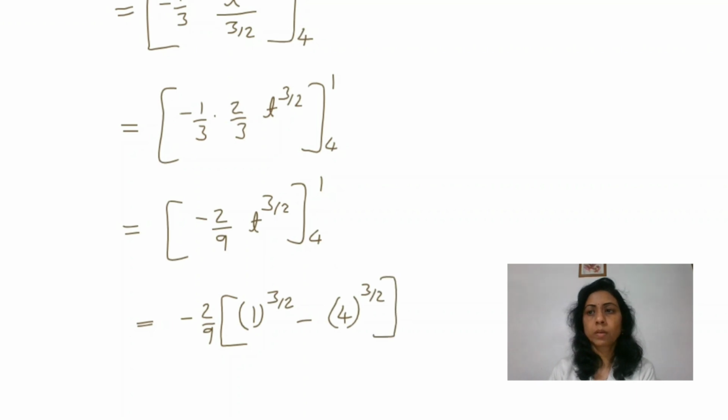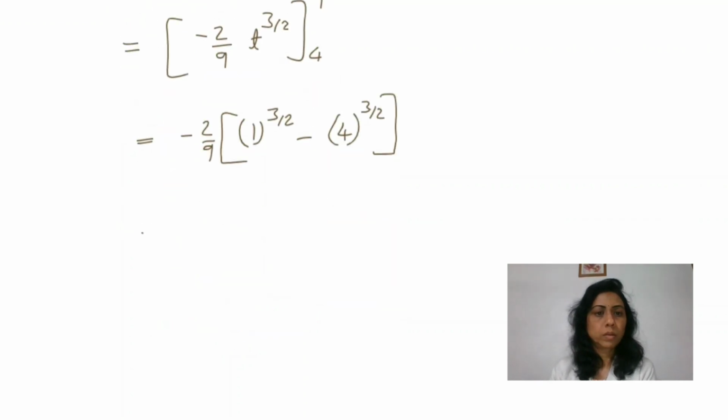Then minus 2 upon 9, here 1 to the power 3 upon 2 is 1, and 4 we can write as 2 square.